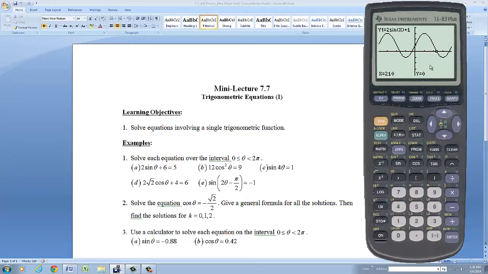Okay, notice right there, this is in degrees, remember, so this is 210 degrees, y is equal to 0. So 210 is a 0 of this function, which happens to be a solution to the equation.